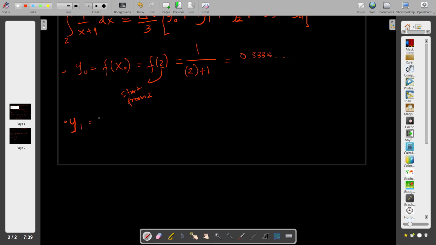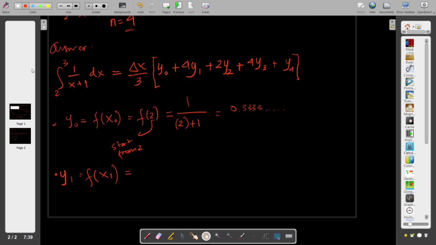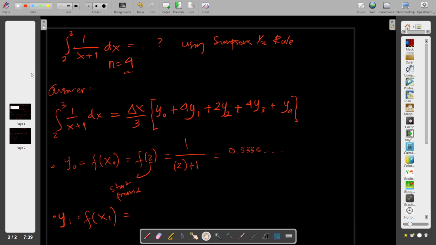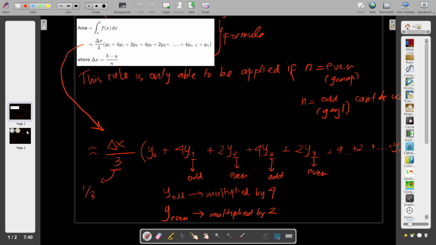Then y1, it must be f(x1). Because the number of n is 4, I want to calculate the delta x. The delta x is b minus a divided by n.